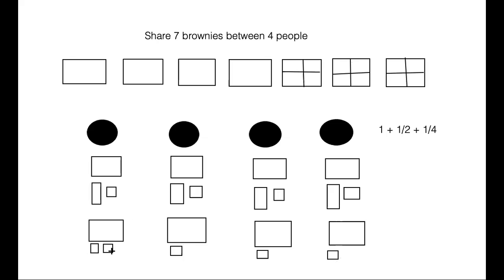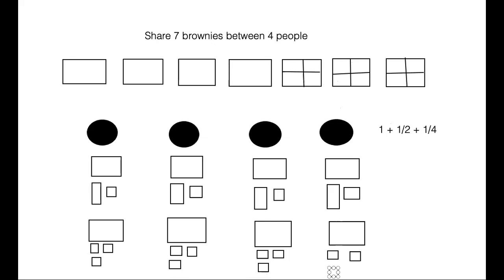So I have 1, 2, 3, 4 quarters. And now I need to divide up this last brownie so that each person gets 1/4 of that last brownie. 1, 2, 3/4, and then 4/4.